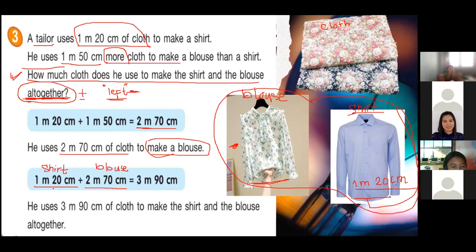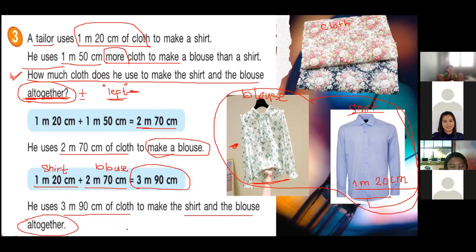So again, we just add it together. The answer is 3 meter and 90 centimeter. So he uses 3 meter and 90 centimeter of cloth to make a shirt and blouse all together.